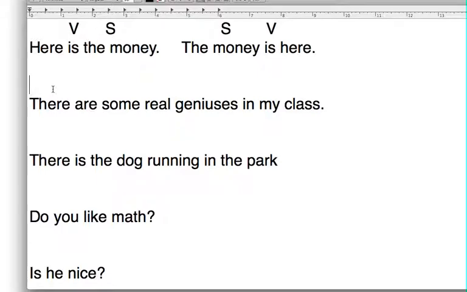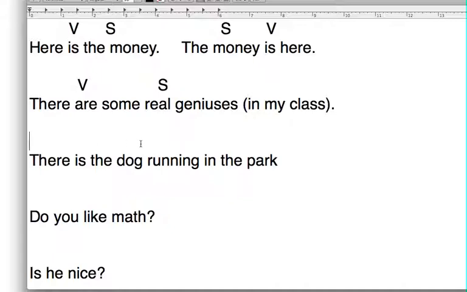There are some real geniuses in my class. Again, starting with there, we reverse the subject-verb order. So the verb is are, and the subject is some real geniuses, this whole thing. In my class, of course, is a prepositional phrase.